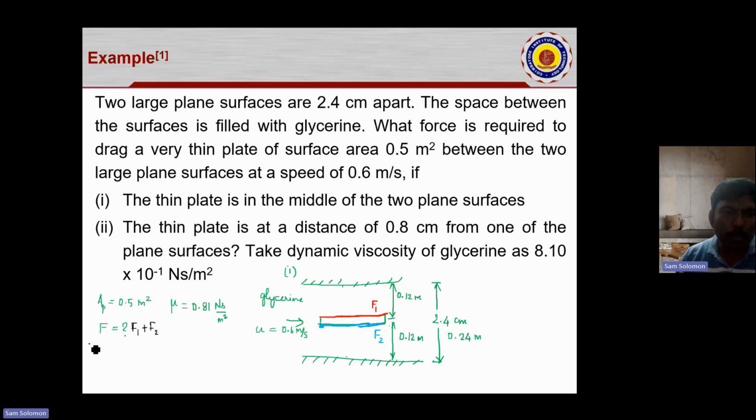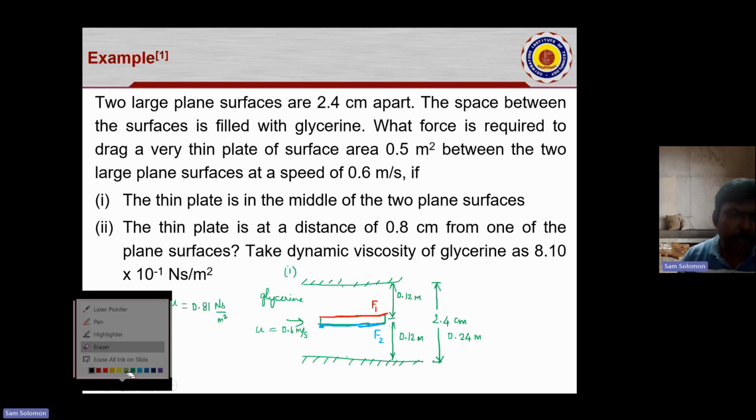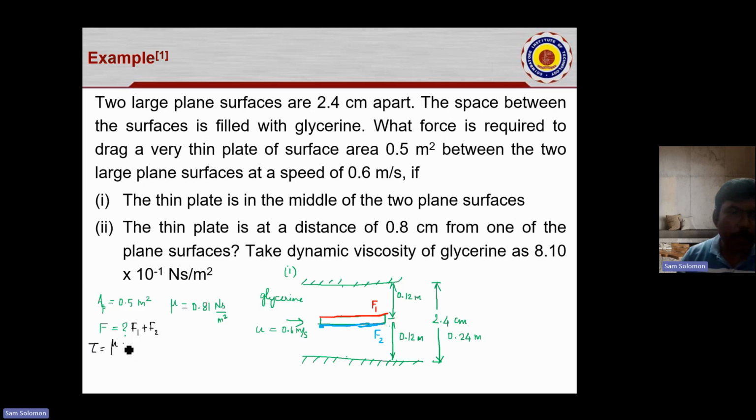Okay, so we are dealing with viscosity. So what we know is tau is mu times du by dy, or let's say mu times u by y. We have done that so many times, so let me write it straight away, mu times u by y. And this tau is also F by A. So let's say F1.